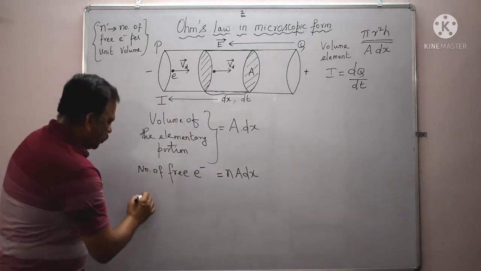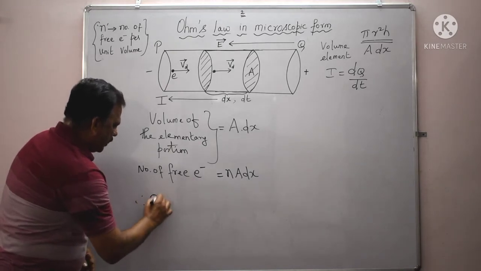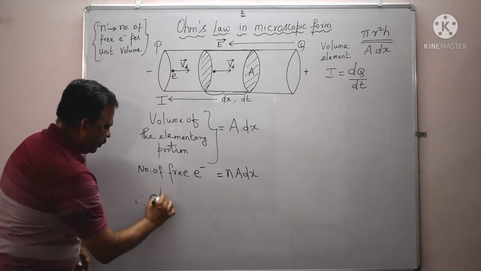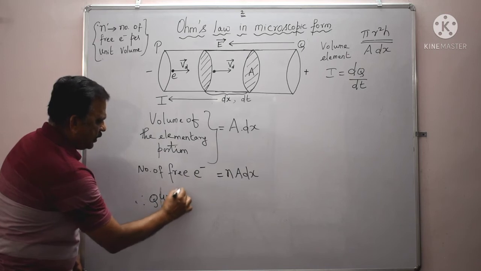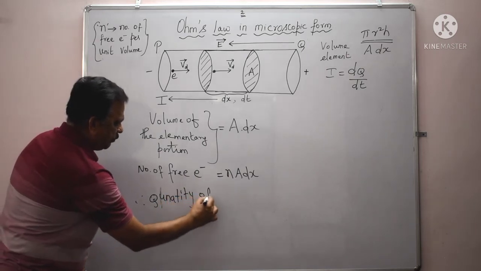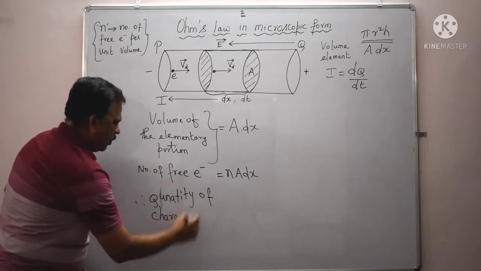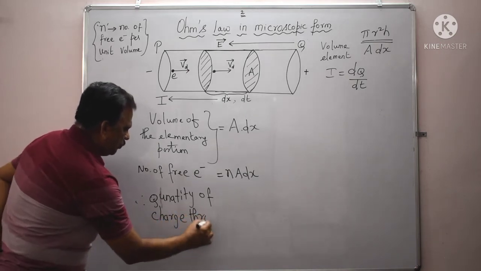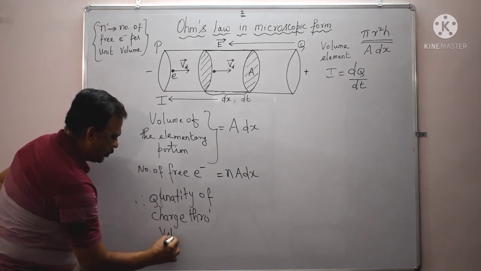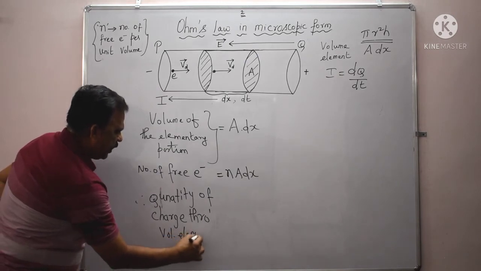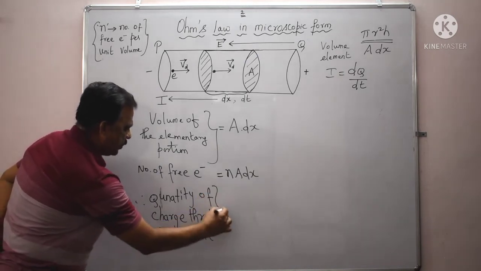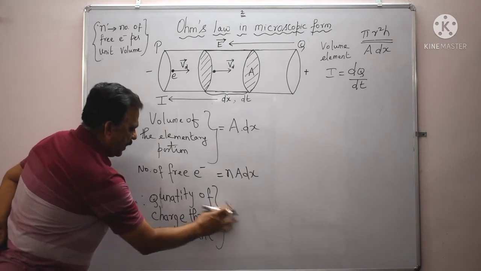Okay, right. So therefore, the quantity of charge through the volume element is given by, let me take it as dq.